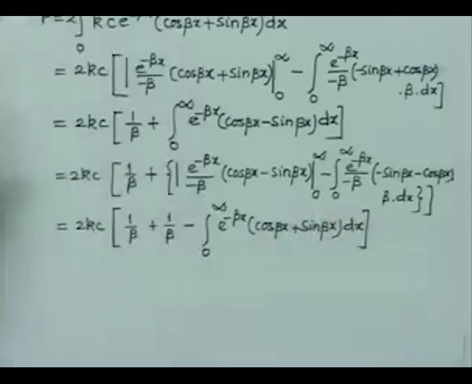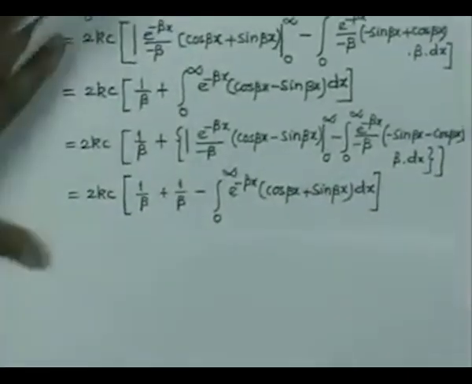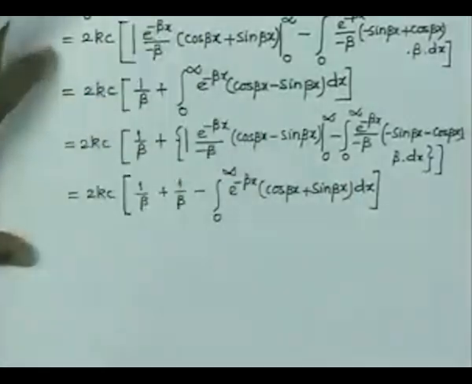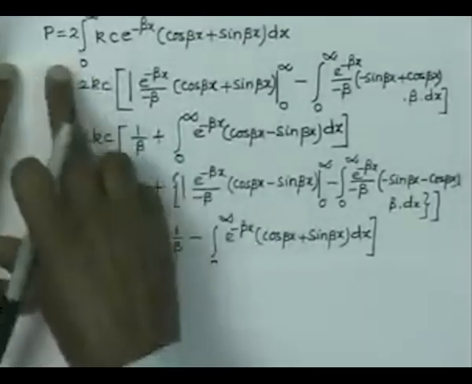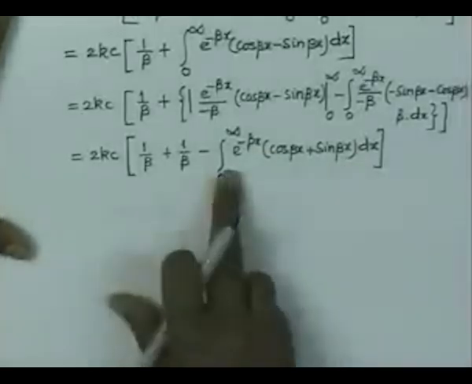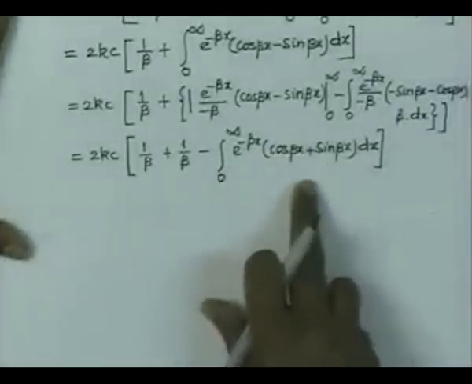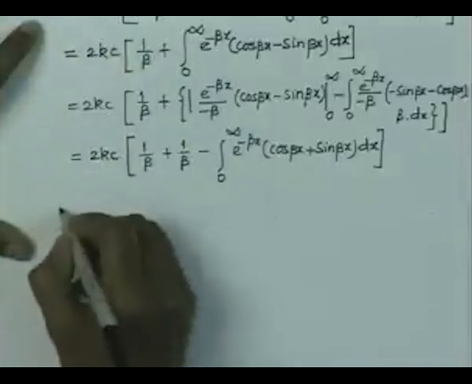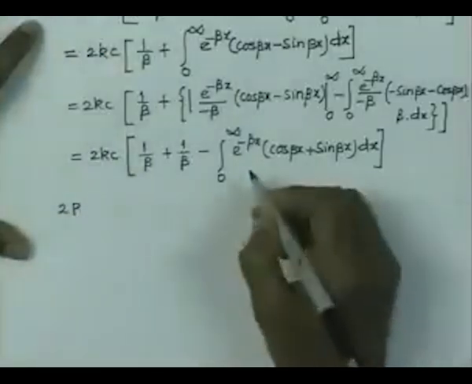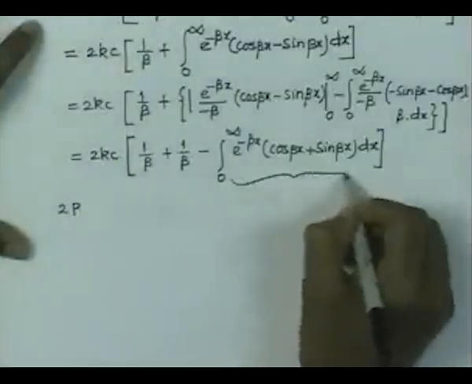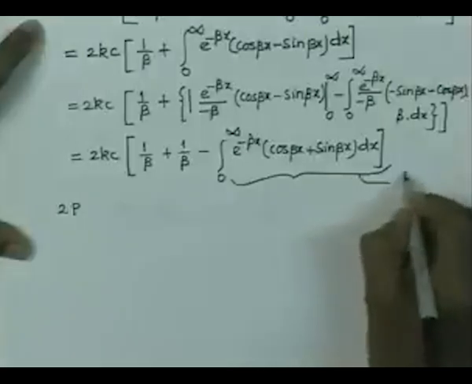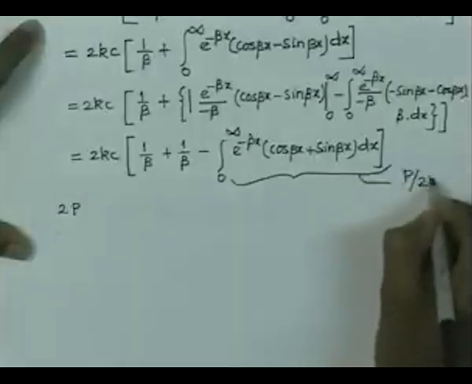So, that is the simplification, and therefore, now we substitute for this p by 2 kc. And therefore, we get the following. So, you get that it is 2 kc, p by 2 kc, and this is negative, it will go to the other side, and finally what we find is that this is nothing but p by 2 kc.